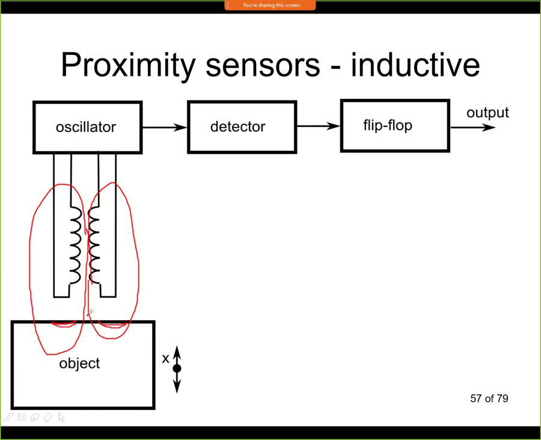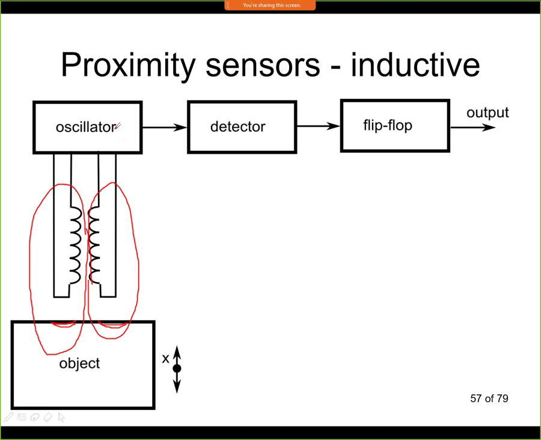So we are looking for the changes of the magnetic field around the inductor. Typically it's done with the help of an oscillator. So this oscillator is the circuit that creates the AC current in the inductor, and when we approach the object, these properties of the inductor will change, and we will have different frequency and different amplitude of the oscillations.